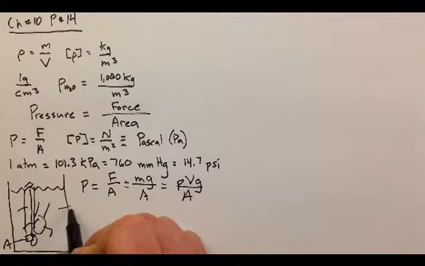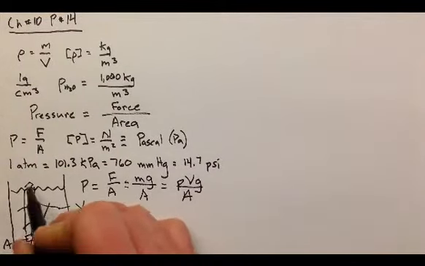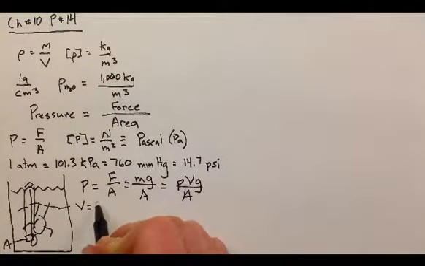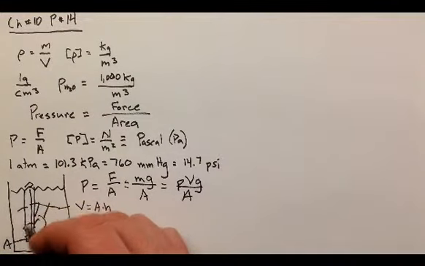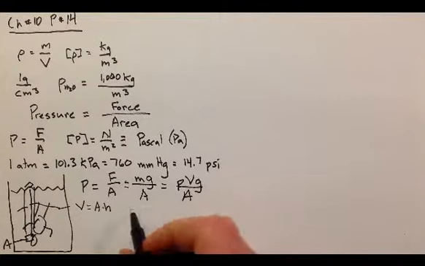The volume of this column of water on my head would be the area down here times the height, right? So I've got a column of water here pushing down on my head.